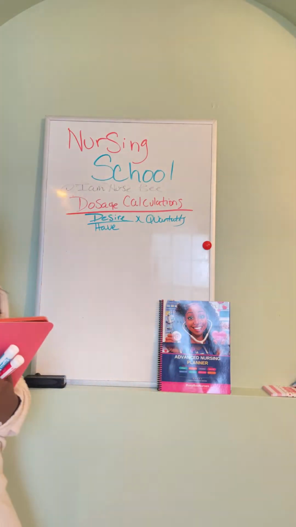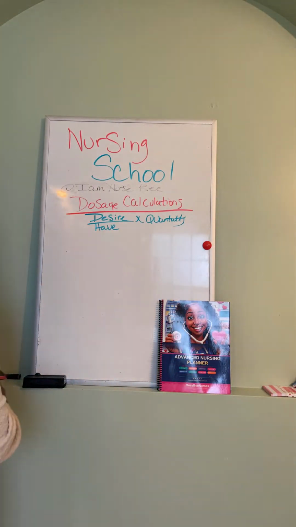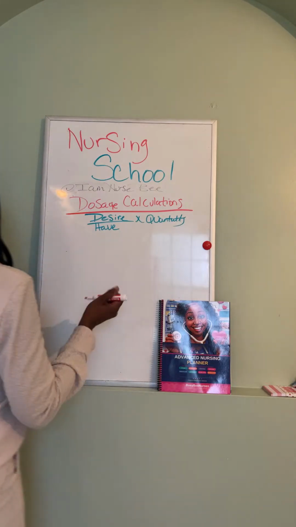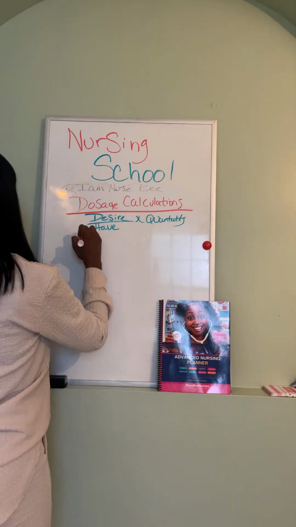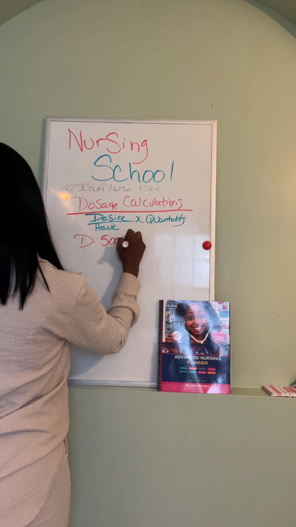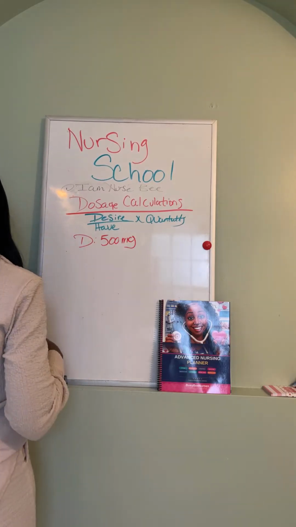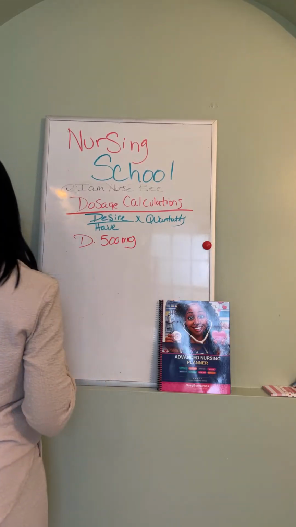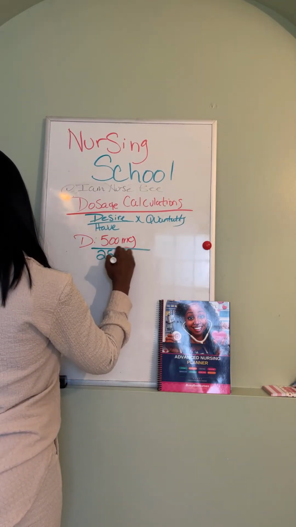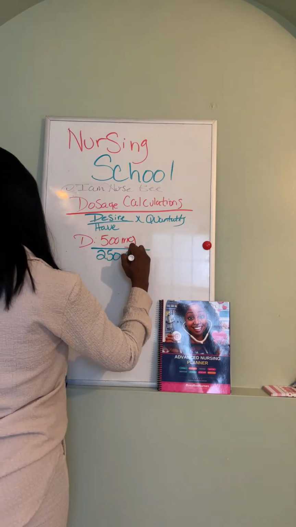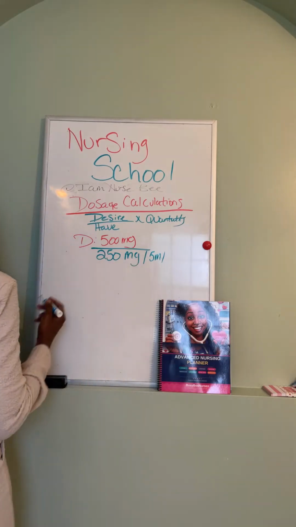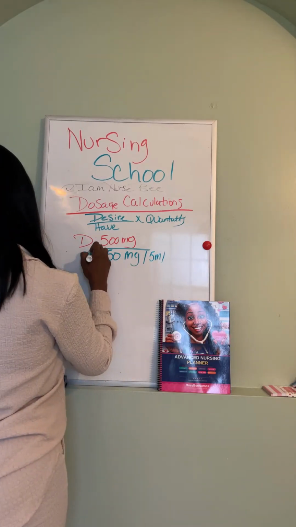So this is what we're going to do. The desired is 500 milligrams. Now, available we have 250 milligrams per 5 mLs. That's what we have.